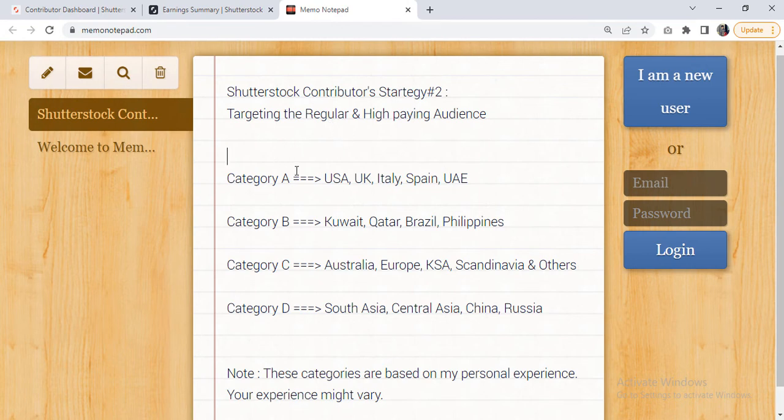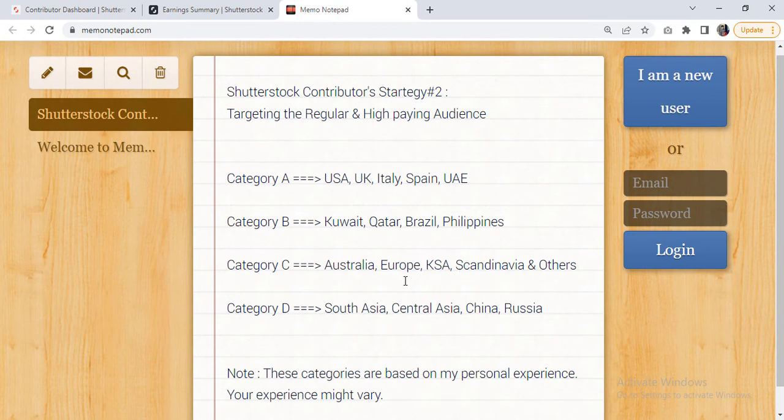Because if you are targeting something, let's say, for a Chinese audience, Russian audience, Central Asian audience, you might not get that much of a result in terms of downloads.